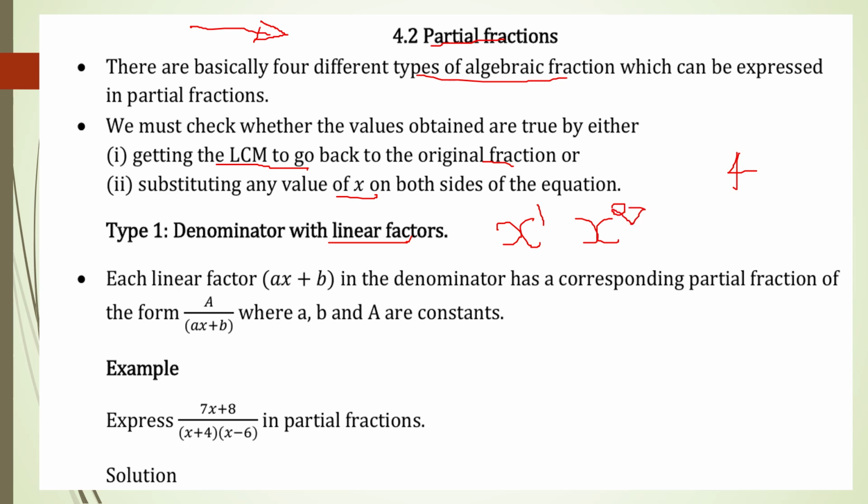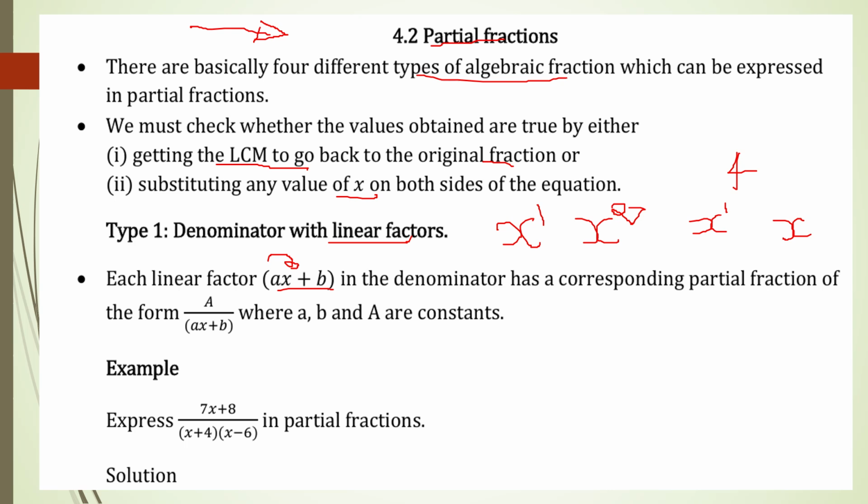That's what we call linear. x must not have a power greater than 1. They are going to be in the form of ax plus b, where the highest power of x is 1, plus a given constant.